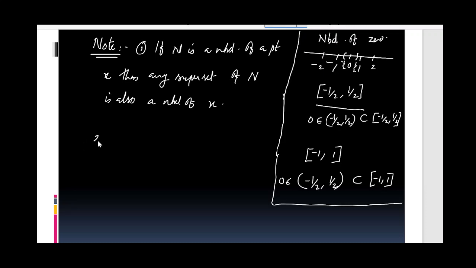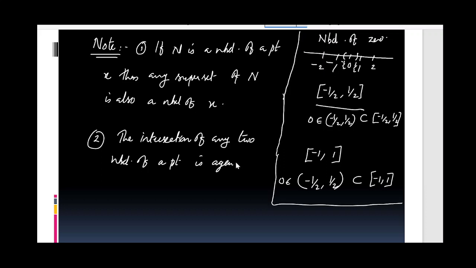Next, note 2. The intersection of any two neighborhoods of a point is again a neighborhood of that point.